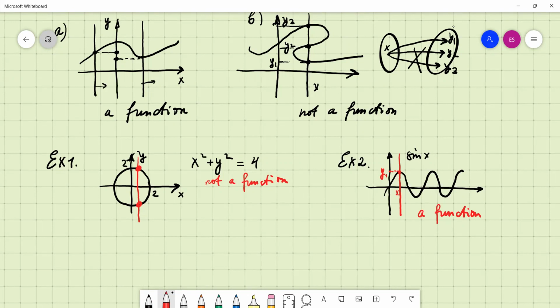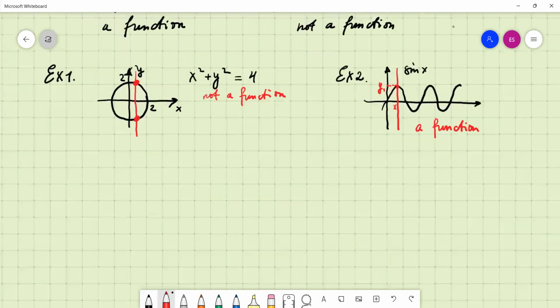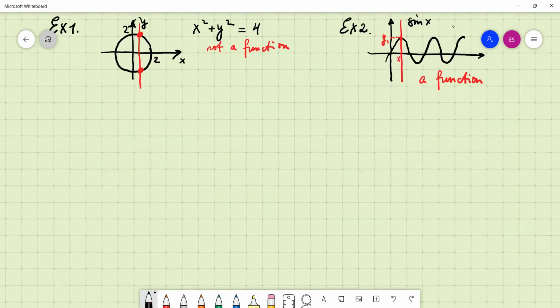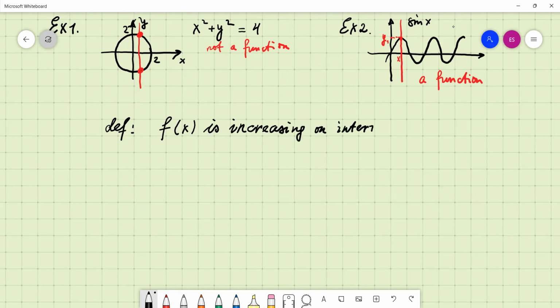So let me scroll a little bit. Guys, I'm going to set up a definition. Definition. f of x is increasing on interval, I'm going to label it I, interval I. I can be like an interval from a to b or from negative infinity to positive infinity.